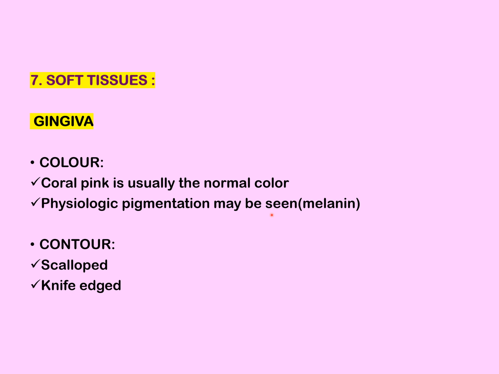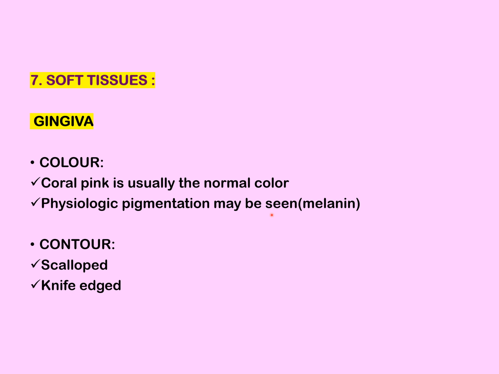So, according to Miller, recession can be categorized into four classes. Class 1: marginal tissue recession is present, which is not extending to the mucogingival junction and underlying alveolar bone, and 100% root coverage can be anticipated. In class 2, there is marginal tissue recession which extends to or beyond the mucogingival junction, and 100% root coverage can be anticipated.